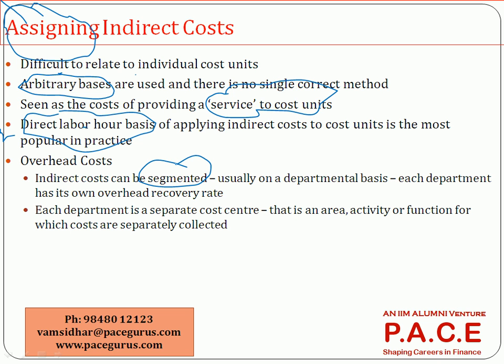So the overhead cost, as we are saying, could be segmented, department-wise cost allocation, or you can do it based on the square footage, area, activity, and all that you need to identify is on what basis I should be able to segregate the cost and then allot them to the cost units. That is one major exercise as a part of the costing practice.